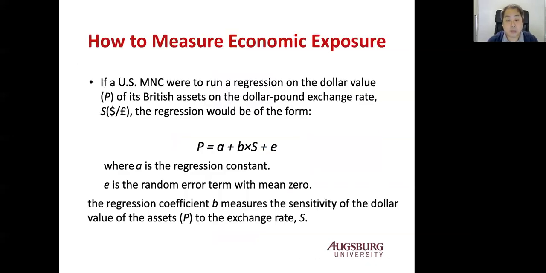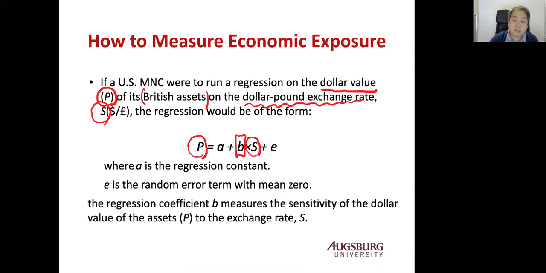So let's measure it. The measurement is pretty statistical, so I'm going to show some technical material on how to measure this economic exposure. Suppose a United States multinational corporation were to run a regression on P, the dollar value of its British assets, so the assets are in Britain, on S, the dollar-pound exchange rate.